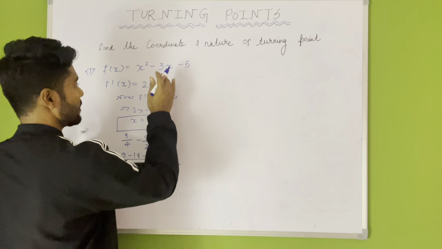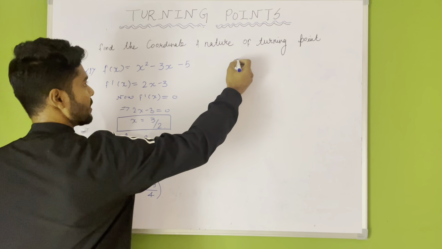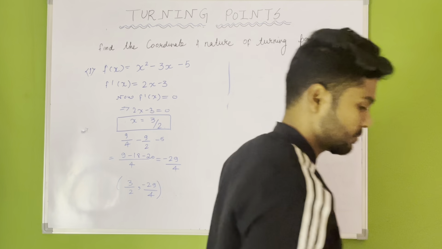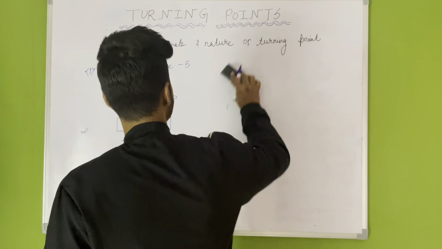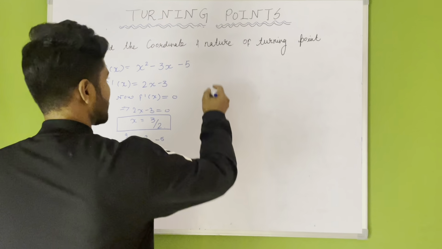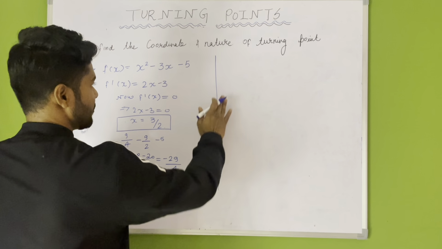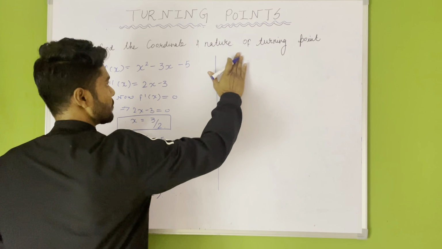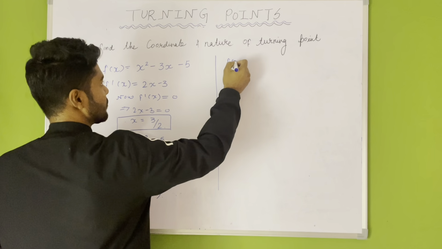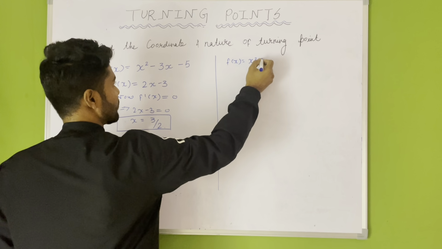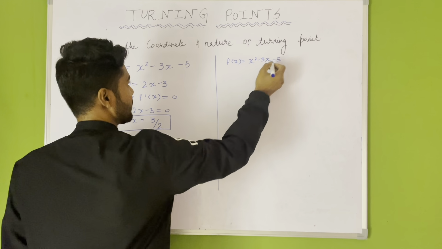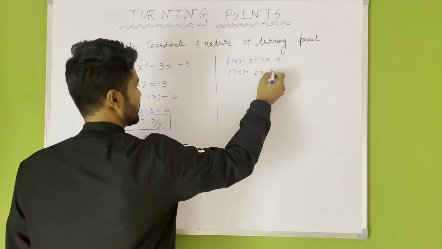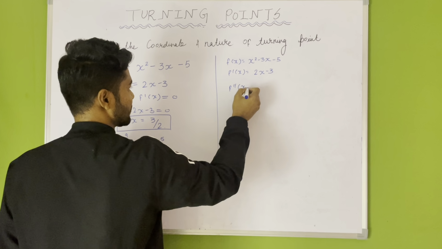I am taking it again because this is the first question I am solving. f(x) equals x square minus 3x minus 5. So f dash x is equal to 2x minus 3, and f double dash x is equal to 2.